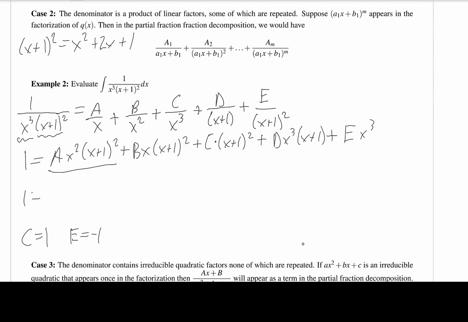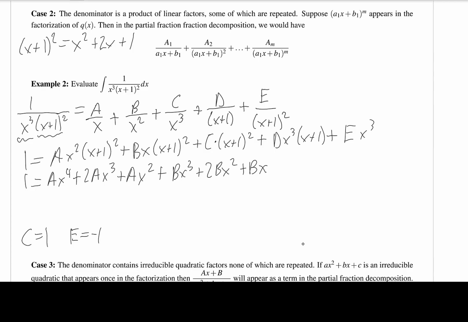So this is 1 equals, if I multiply this with ax squared, I get ax to the 4th plus 2ax cubed plus ax squared plus, now I'm going to multiply this with bx, so that'll give me bx cubed plus 2bx squared plus bx.